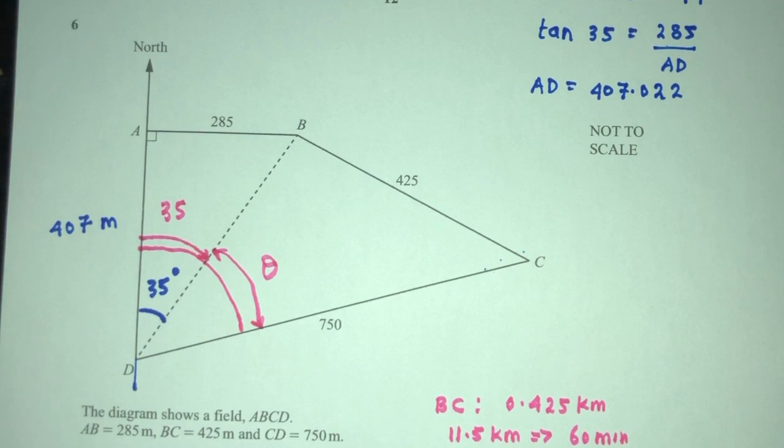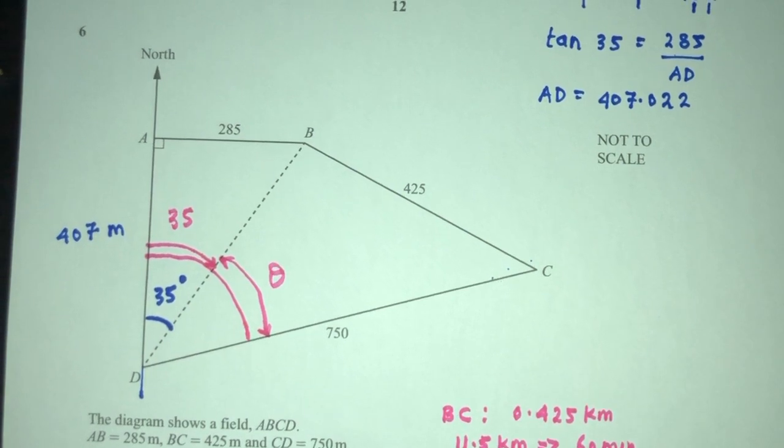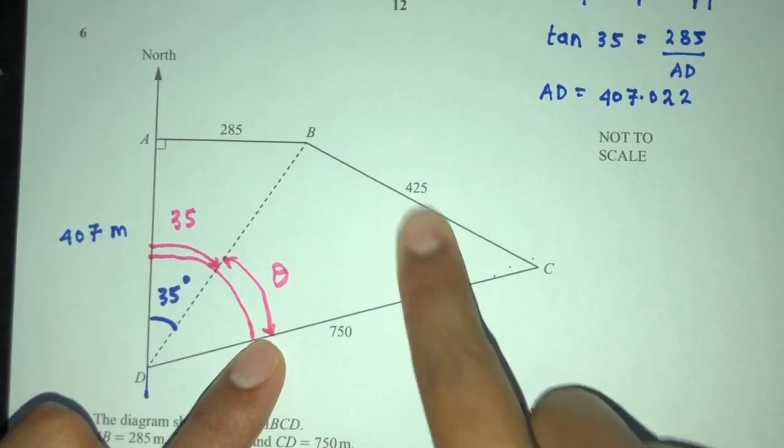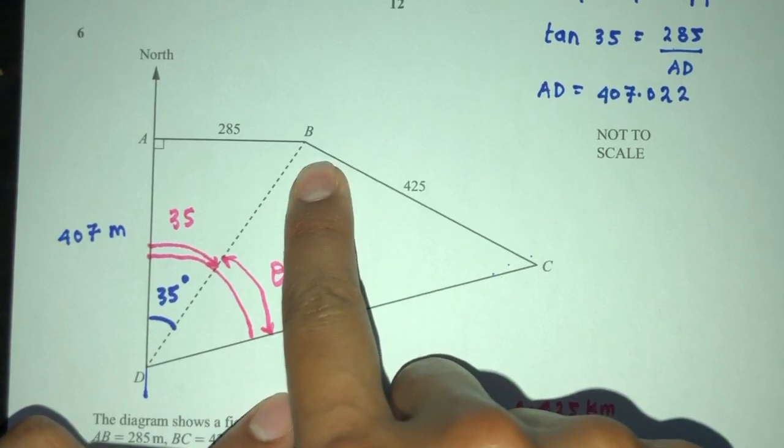Now how can you find this angle? So we have to use the things that we know. What do we know in triangles? We know the Pythagoras theorem, we know sine rule, we know cosine rule. So we have to use these concepts to see where they apply and how we can solve this step by step. So the one thing here is that to find this angle, we know this side, but we don't know this angle.